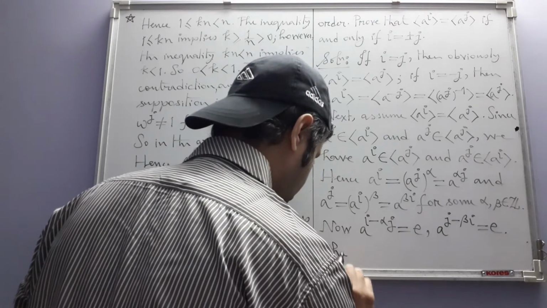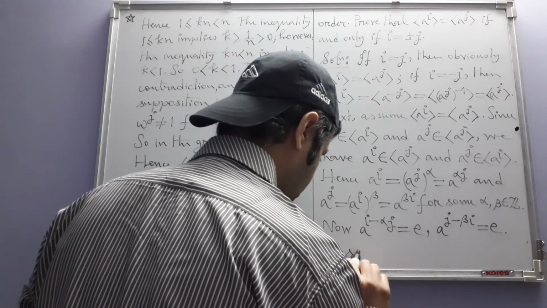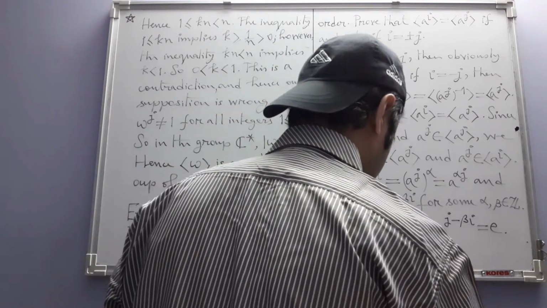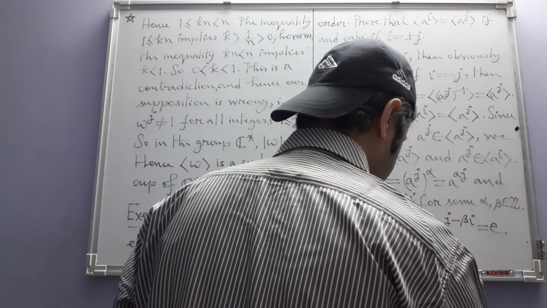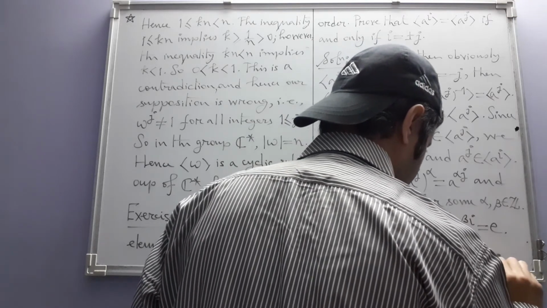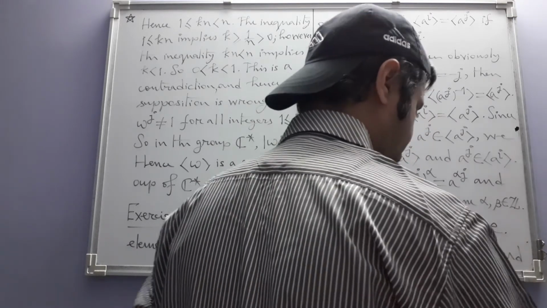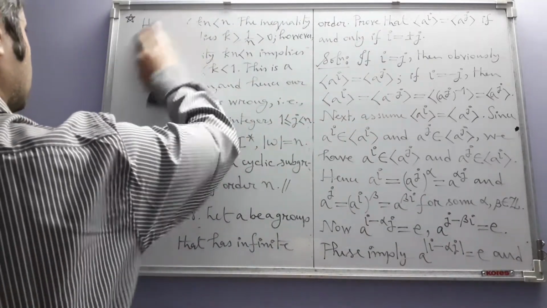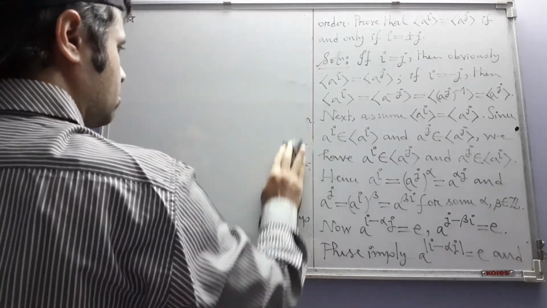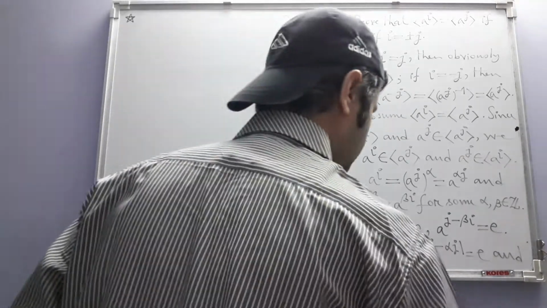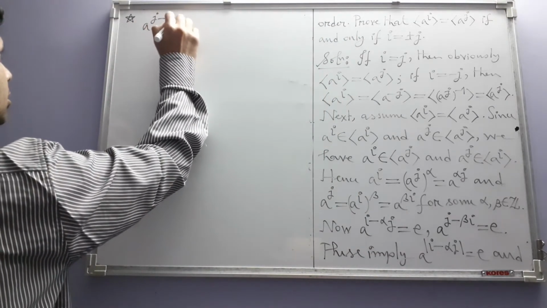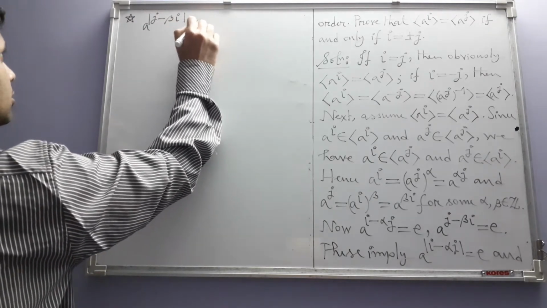Let us write one more step. These imply a to the power of the absolute value of i minus alpha j is equal to identity, and a to the power of the absolute value of j minus beta i is also equal to identity.